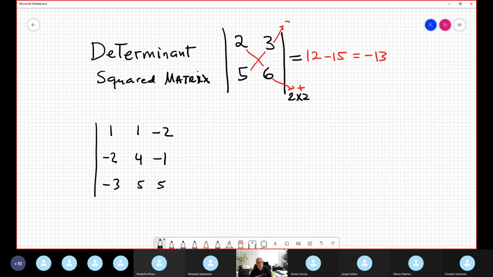This is 3 by 3. 3 rows, 3 columns. Square. Good. We have 9 elements, 3 times 3 is 9. Then we can expand this determinant. Let's do it by hand, the first time by hand, and check it with the calculator.